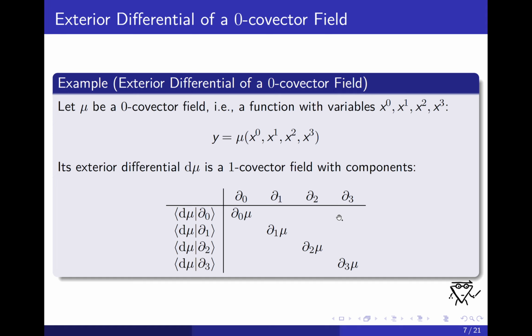And you immediately see that these components are similar to the components of the gradient vector field. We give a remark. We don't say that the exterior differential of a function is the same as its gradient, because here we do not introduce a metric. It is out of the scope today.